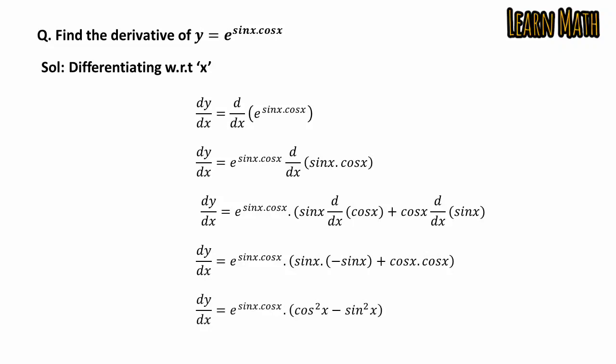Now simplifying this result, dy by dx is equal to e power sine x cos x as it is, cos multiplied cos which is cos square x, minus sine multiplied sine which is sine square x.